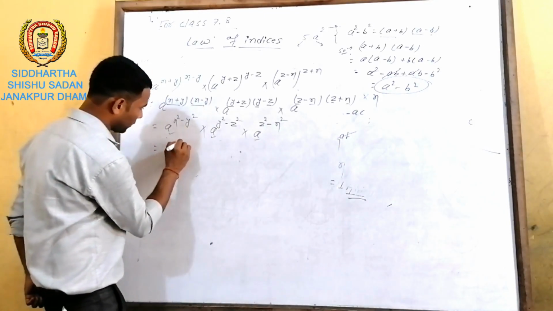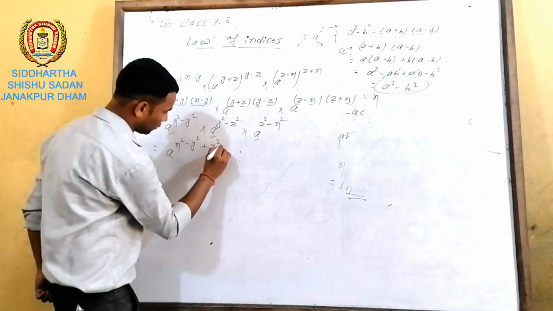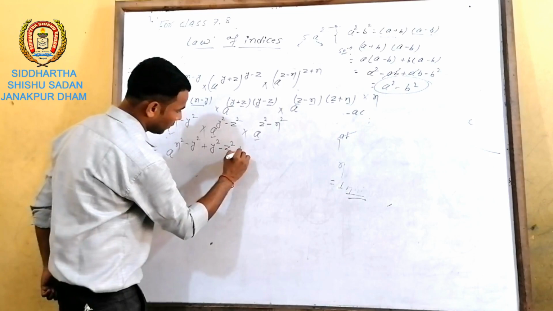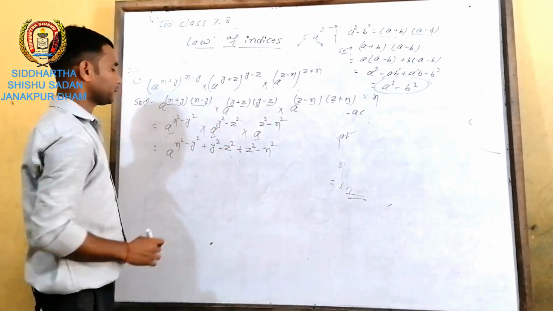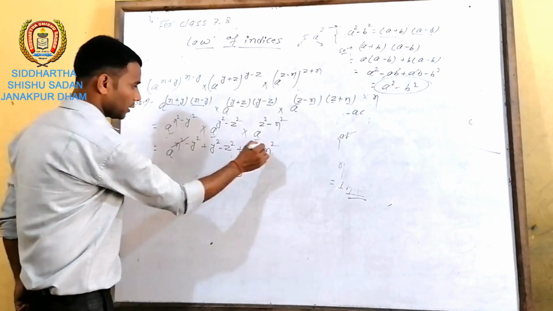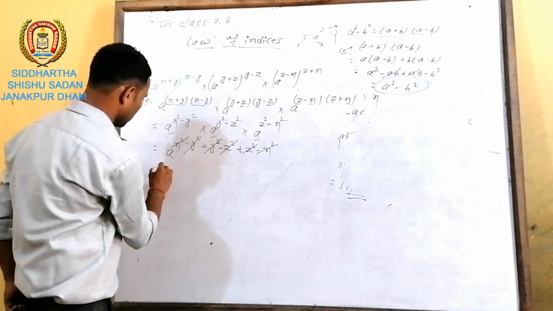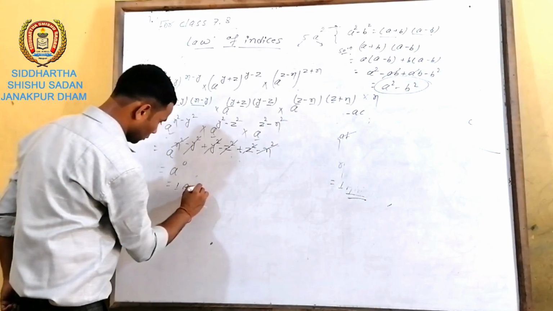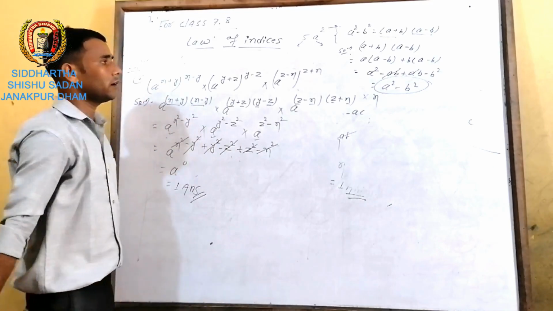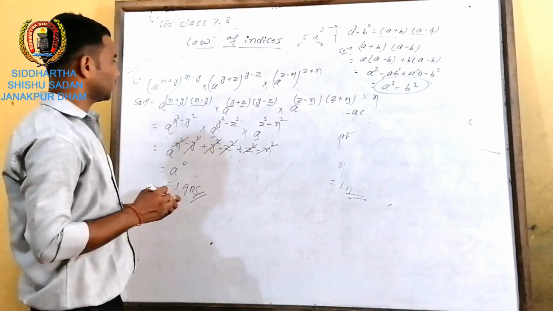A to the power x square minus y square plus y square minus z square plus z square minus x square. The x square, y square, z square cancel, so a to the power 0 is equal to 1.